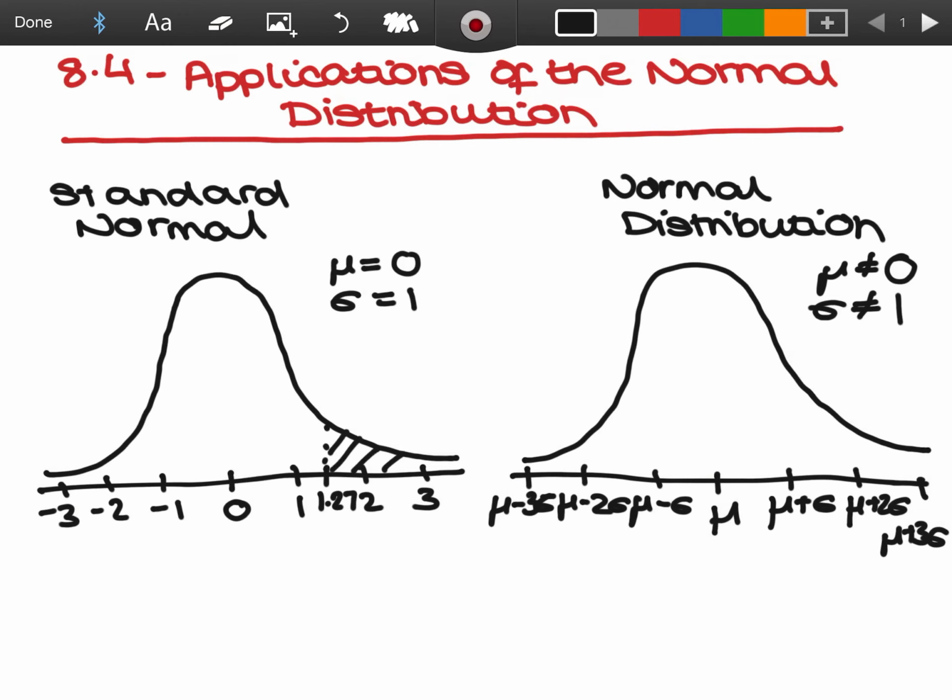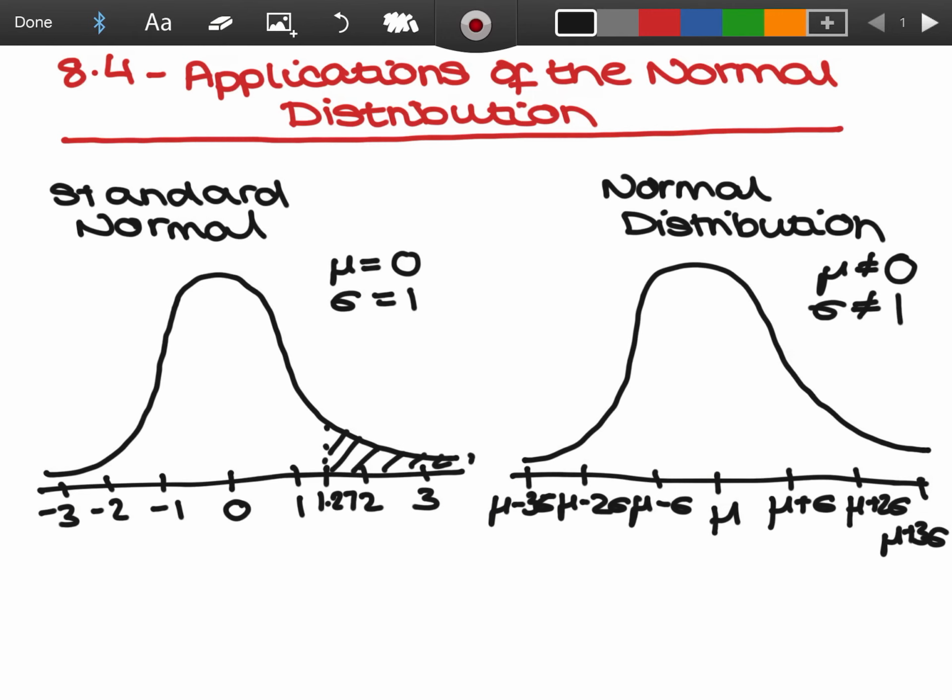If we were looking greater than 1.27, we look at the area under the curve to the right of that value. We could use the normal CDF function on our calculators, where 1.27 would be our lower bound and 10 would be our upper bound, with a mean of 0 and a standard deviation of 1.